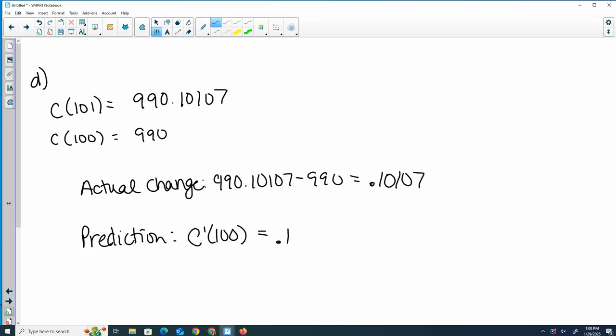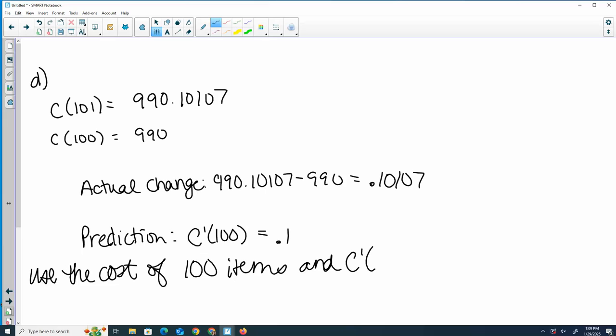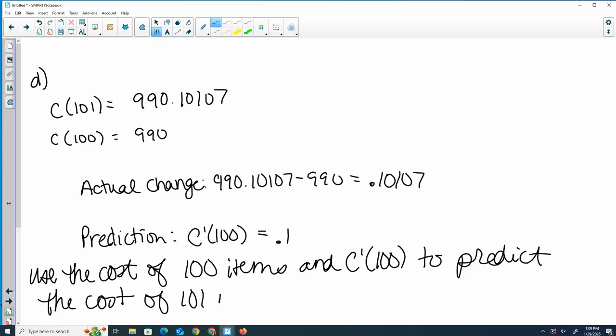What if I had changed this? If I had said use the cost of 100 items and C prime of 100 to predict the cost of 101 items.